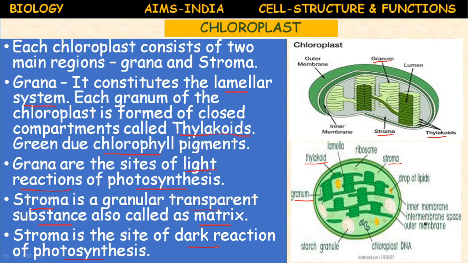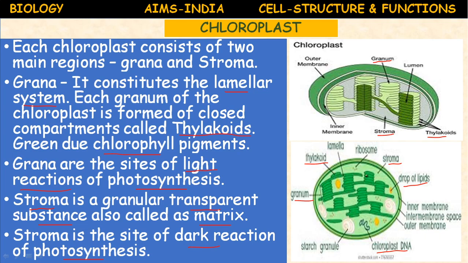The inner membrane has some space filled with stroma. These chloroplasts also contain some lipids and DNA, hence chloroplasts are semi-autonomous organelles. They can divide on their own. Coming to the function of the chloroplast, the green pigment present in the grana region traps solar energy and helps in the light reaction of photosynthesis.